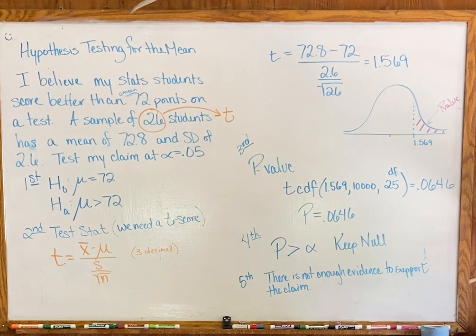Now, that means to the people that are studying this, maybe they need to go back to the drawing board, maybe try again, maybe get a bigger class, take a sample from 2 classes and see what their sample size looks like there. But all we're saying is there wasn't enough evidence to support the claim. So we're just backing up and saying, we don't know, try again if you want.